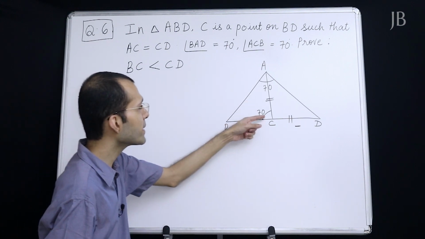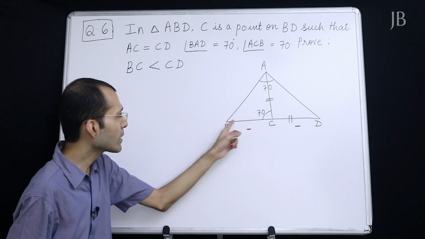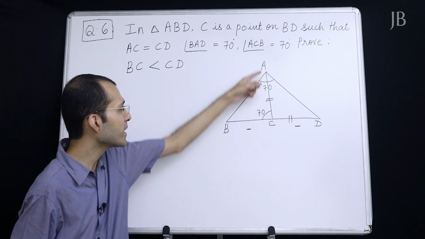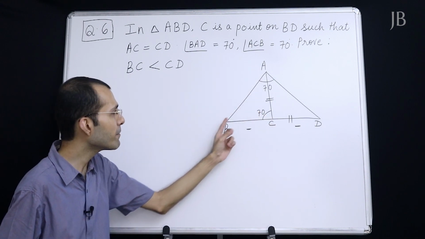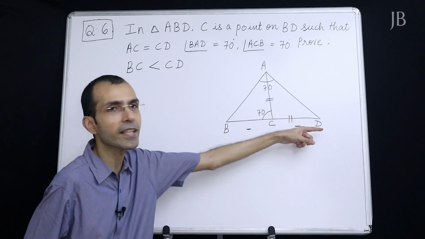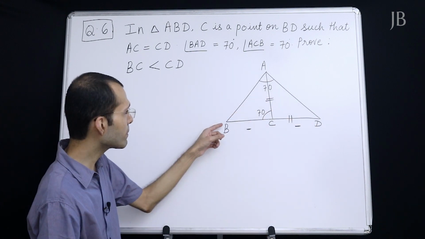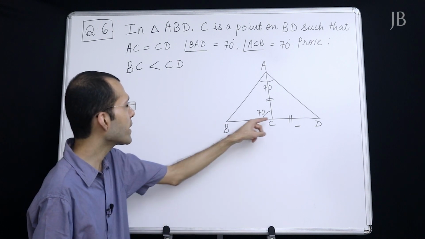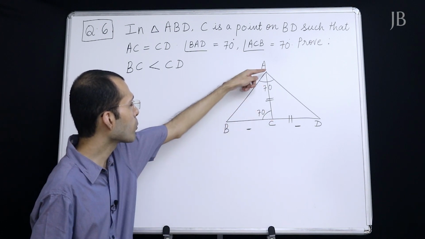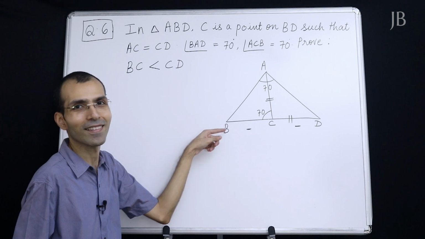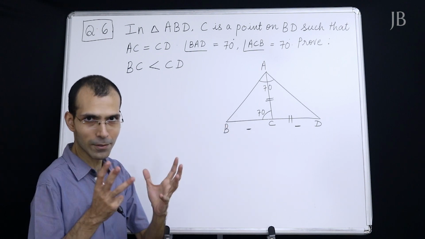And then AC and CD are equal. So the relation between BC and AC will be the same as between BC and CD, because AC and CD are identical that way. And it is sensible to compare BC with AC because both of them come in the same triangle, right? You got the crux of it?